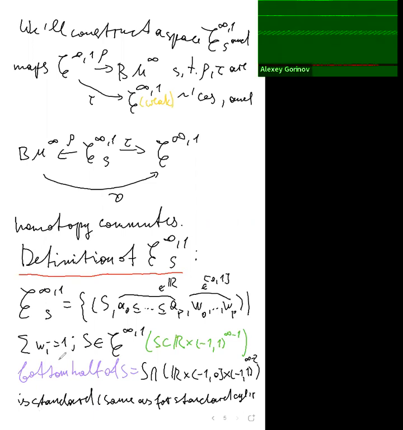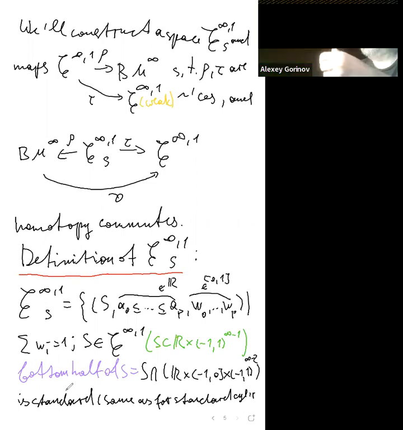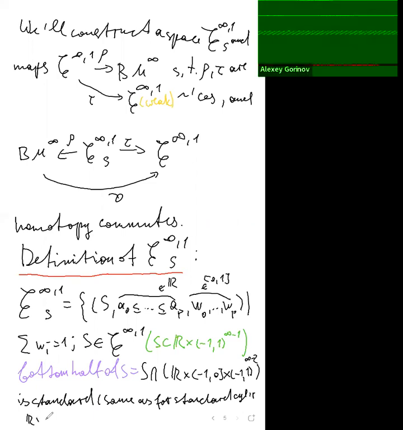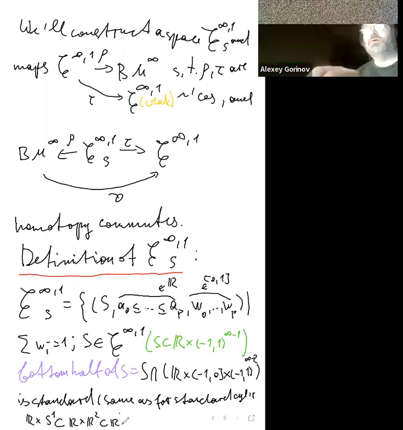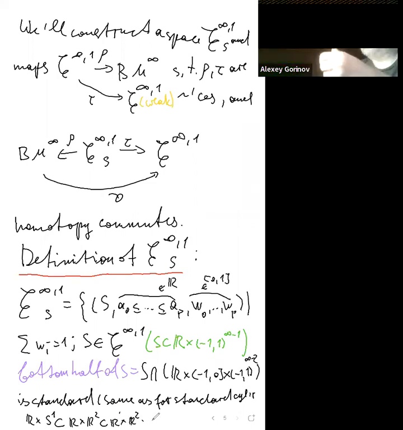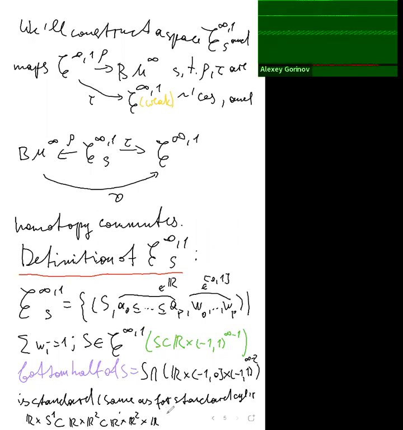which is R cross S1 inside R cross R2 inside R cross R2 cross R infinity minus 3.